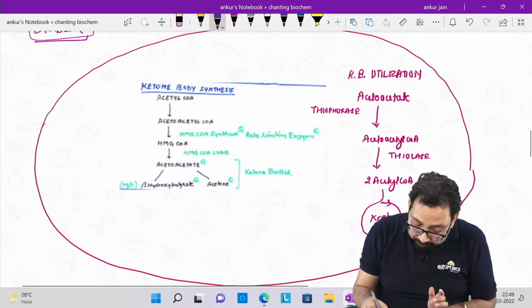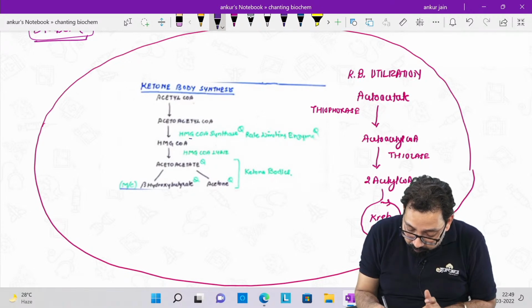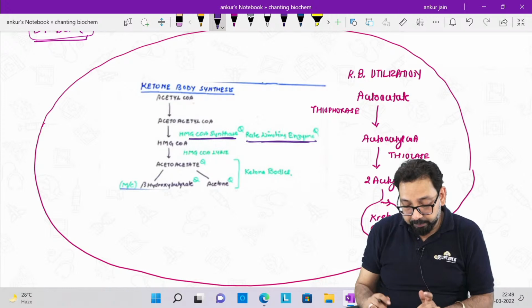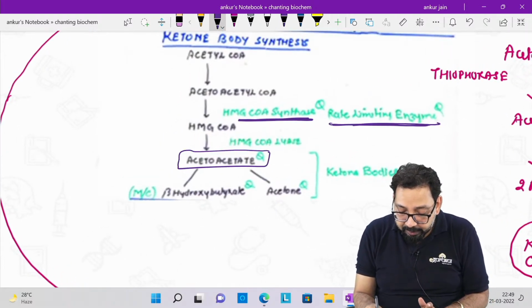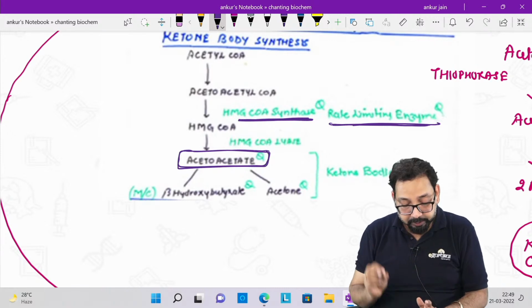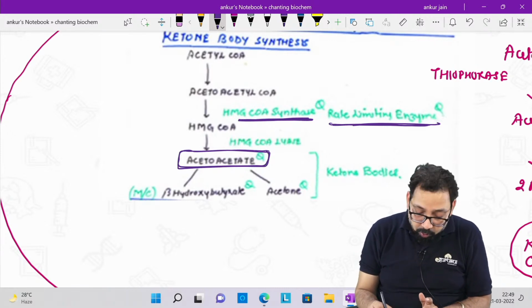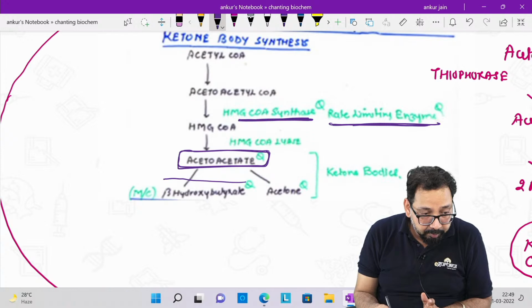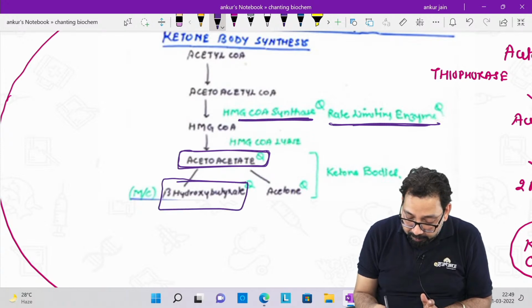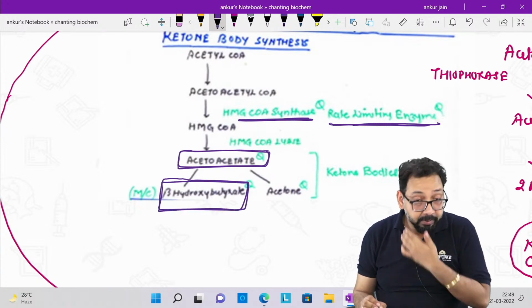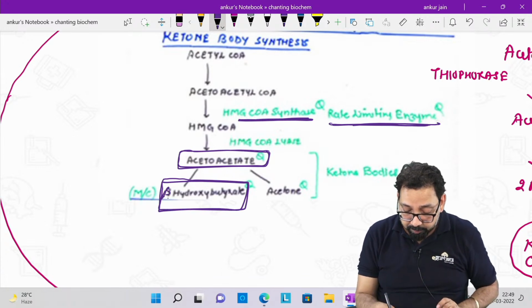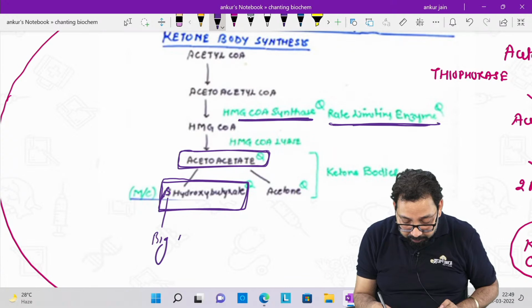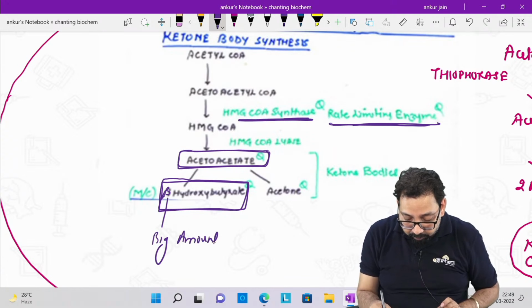Ketone body synthesis, I have already told you, HMG coenzyme A synthase is the rate limiting enzyme. First ketone body to be synthesized is acetoacetate. Question: most common ketone body present in blood is beta hydroxybutyrate. Beta hydroxy, B for big amount.